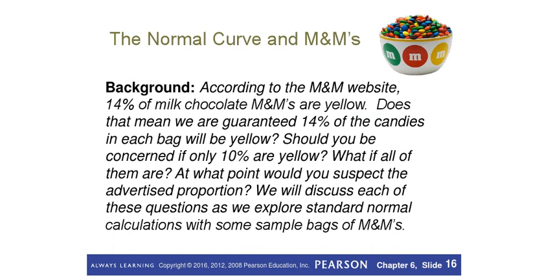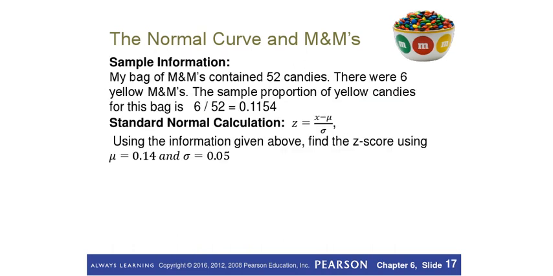Now, you can get your own bag of M&Ms and follow along. I'm going to show you what I did with my bag of M&Ms here, and we also have a virtual bag of M&Ms that we can use for our samples as well. All right, so I got a bag of M&Ms that contained 52 candies. When I counted them out, I found that 6 of those 52 candies were yellow.